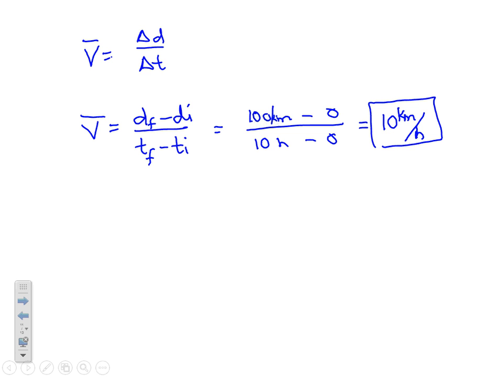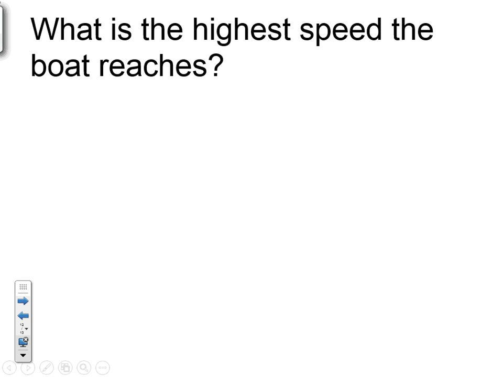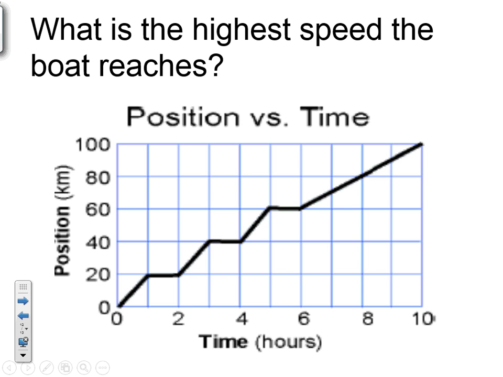Now, on the next question, same graph, what is the highest speed the boat reaches? That's why I was labeling A, B, C, and D. For the highest speed, we need to know the speed in part A. We'll call that VA, and we'll find VB, VC, and VD. Notice in part A, the final distance is 20 kilometers, and it traveled that far in 1 hour.